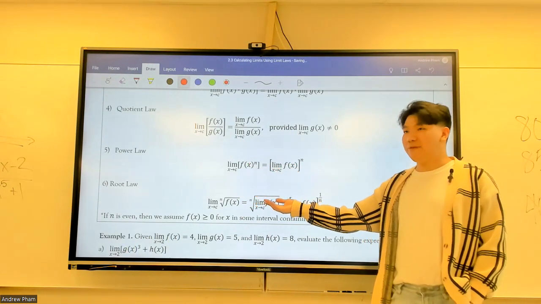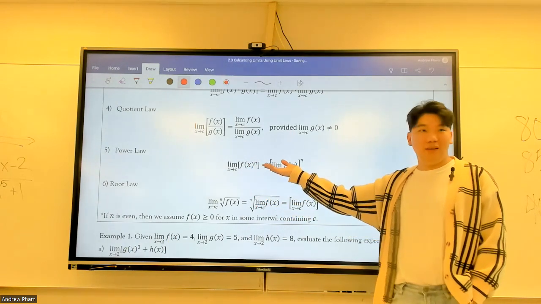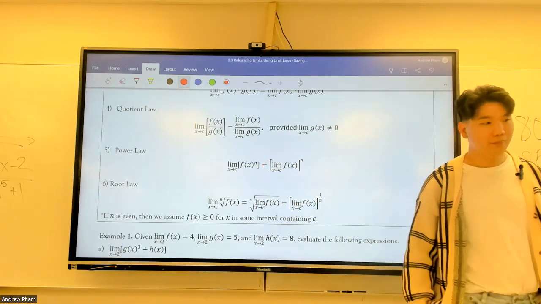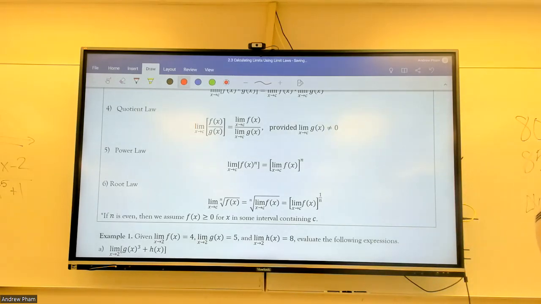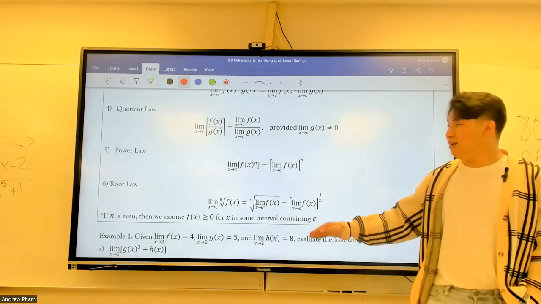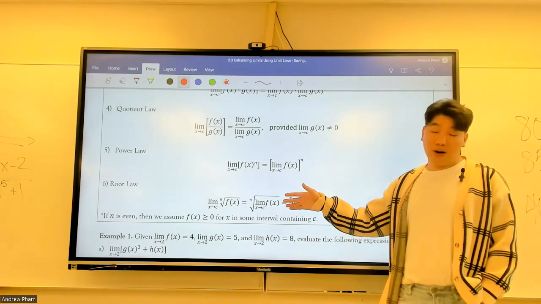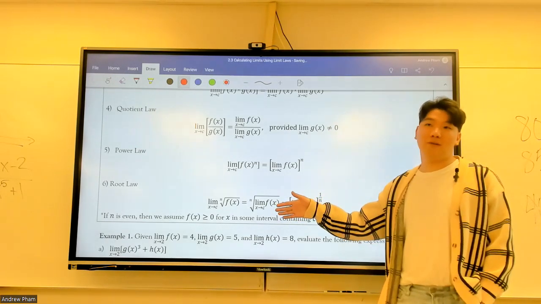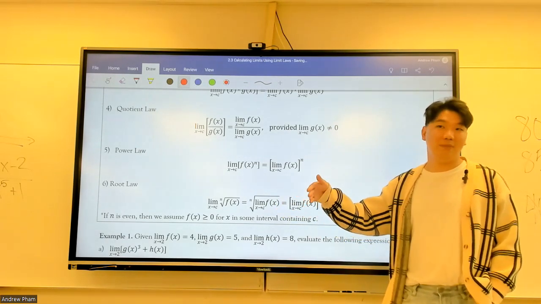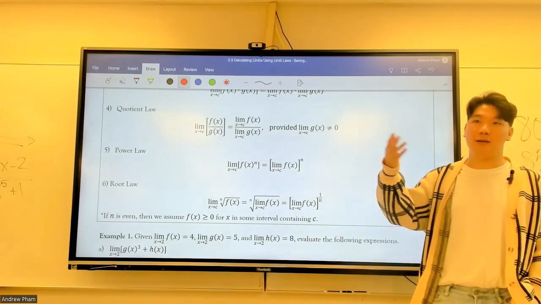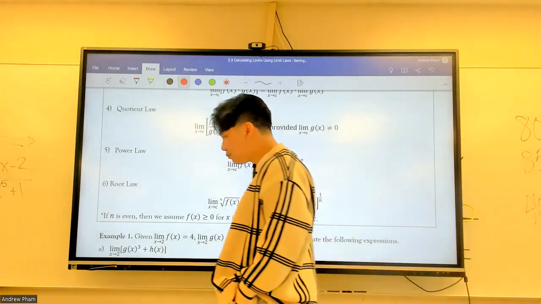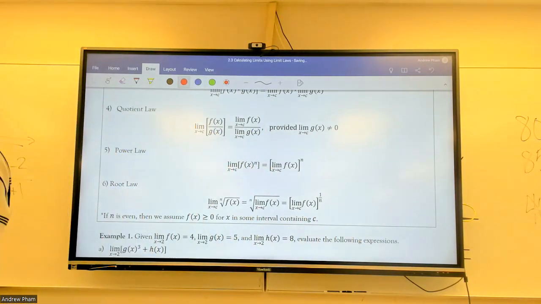So since an nth root can always be a power, that's exactly the power law. The main reason I put this as a separate thing is that some weird things start happening whenever I introduce a square root, like if I take a square root of a negative number, there are some complications. So these are the 6 limit laws that we'll be using for the first unit over and over again.